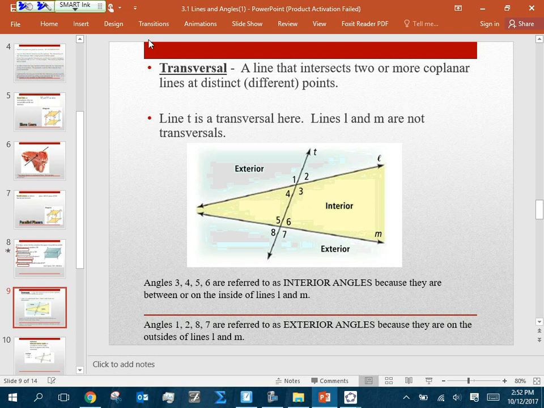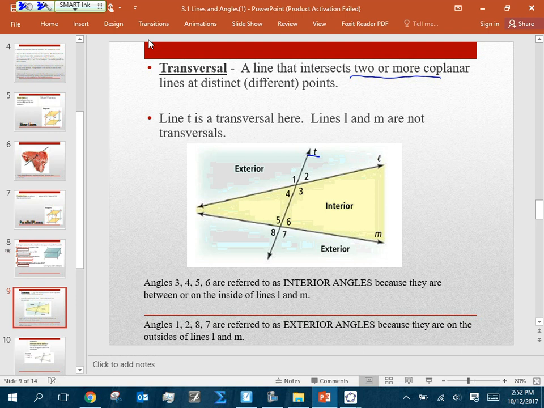Talking about coplanar is nice because it's going to create some very rigid relationships tomorrow that are really nice to have and understand. So in this case, lines L and M are your 2 or more coplanar lines. Line T here is your transversal.